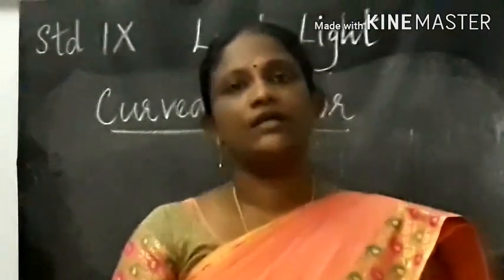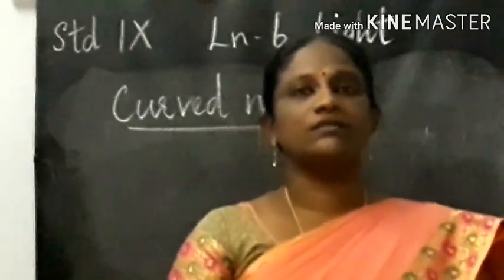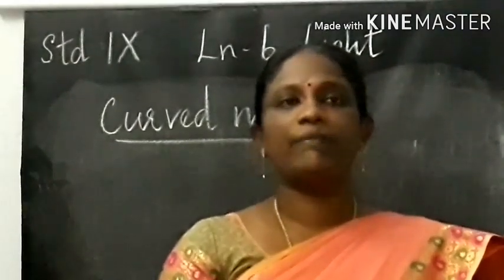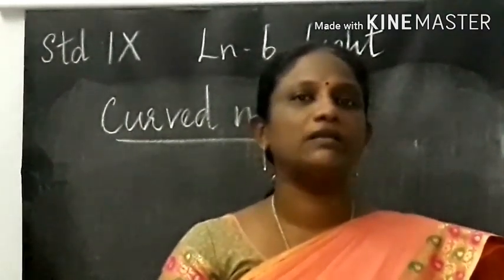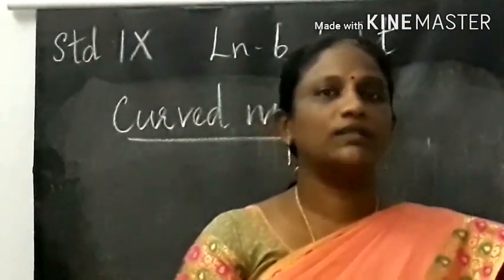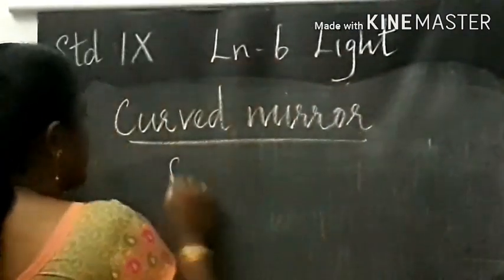So next, let us learn about the curved mirrors. There are different types of curved mirrors. They are the parabolic mirrors, the spherical mirrors, etc. But the commonly used curved mirrors are the spherical mirrors.